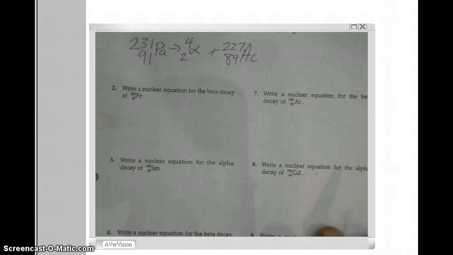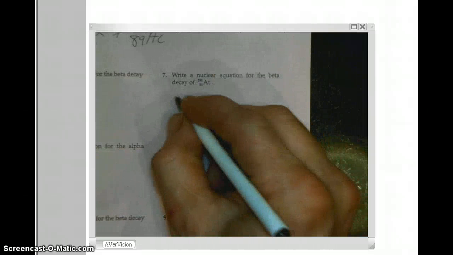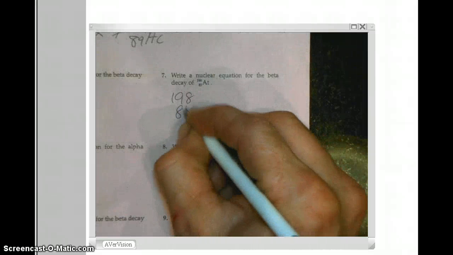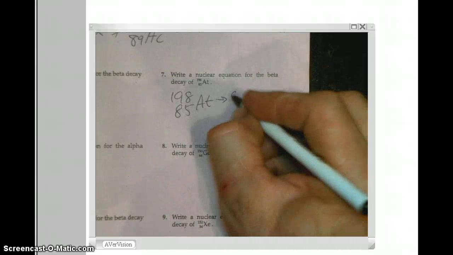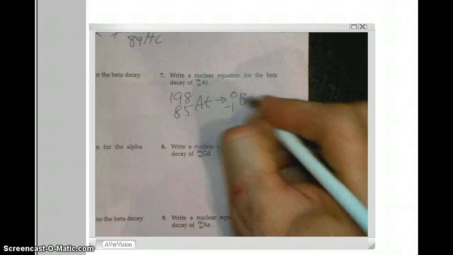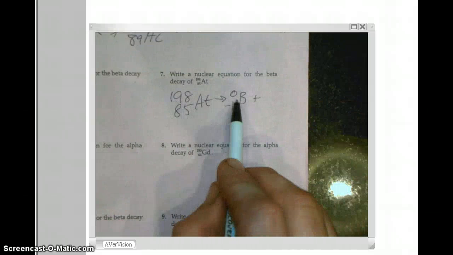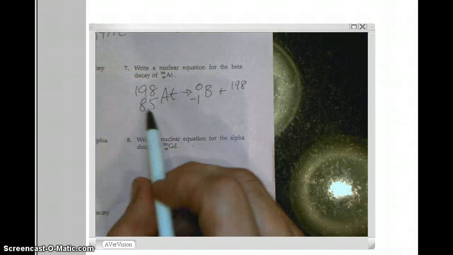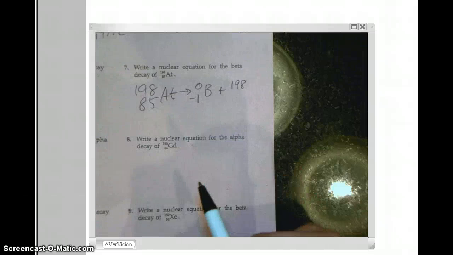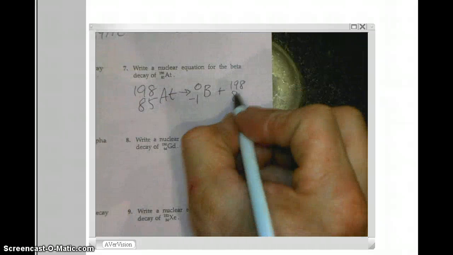Now let's do a beta one real quick before I run out of time here. 198 over 85. Now beta decay is 0 over minus 1. And what is 198 minus 0? That's right, still 198. What is 85 minus a negative 1? It's going to be 86.